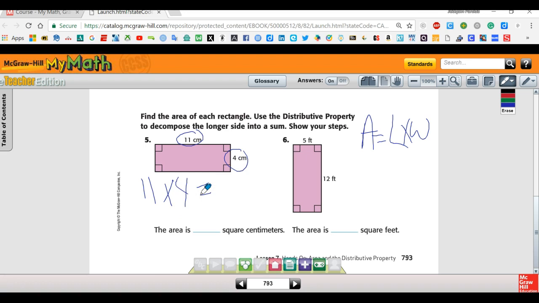11 times 4. What is it? 44. If you're not sure, we're going to do this then. I wonder if I can find it.